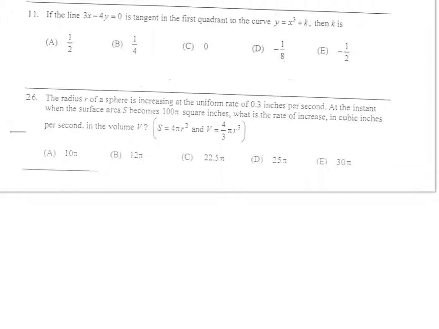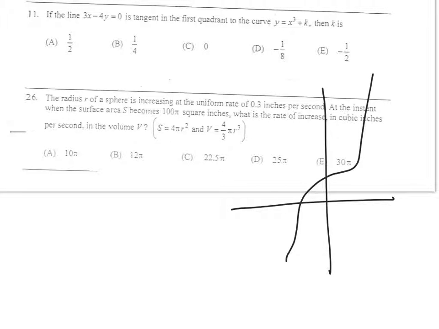If you wanted to get a visual on that, we have some sort of graph here. y equals x cubed flattens out there, and then we have some sort of tangent curve there in the first quadrant, and we're trying to figure out that k value. That's just a rough sketch of what it might look like.